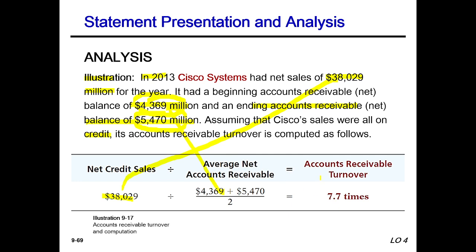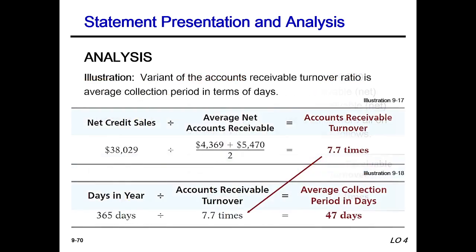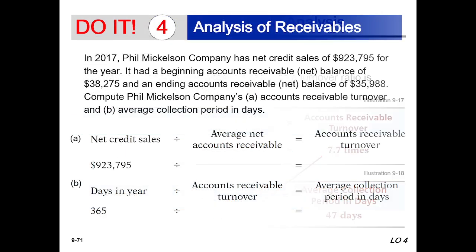After calculating, accounts receivable turnover is 7.7 times throughout the year. If we calculate in terms of days, 365 days divided by 7.7 times, we get 47 days. This is the average collection period in days. I think everybody is clear.